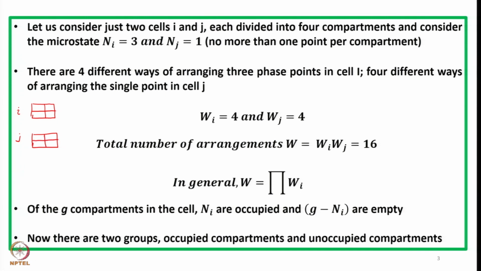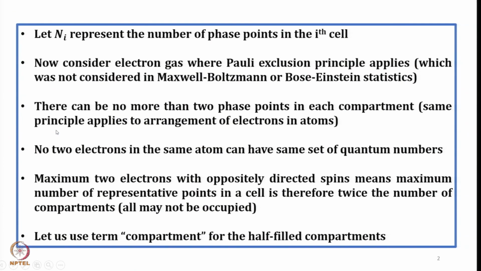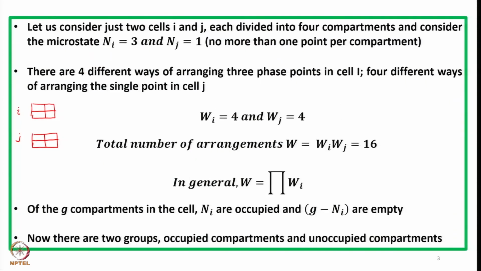Each compartment means we can only fill one phase point. Remember what we just discussed, that we use the term compartment for half-filled compartments. So half-filled means I can put only one in each compartment.